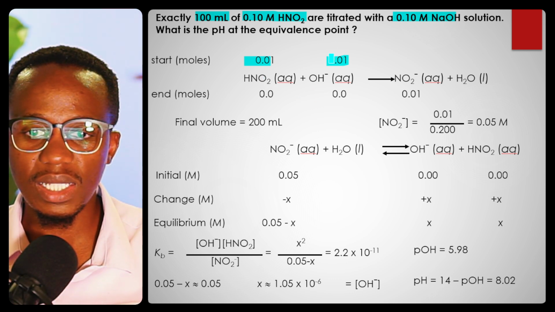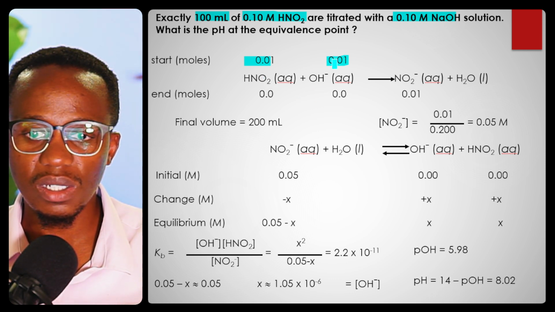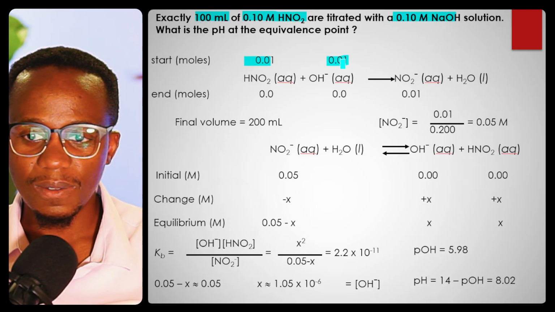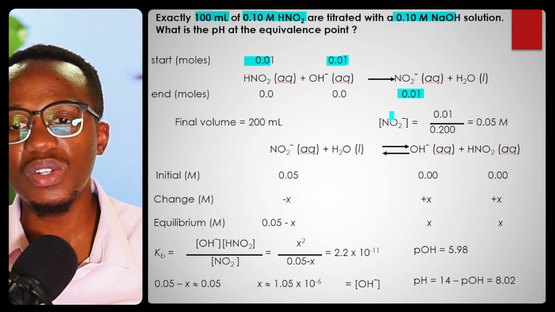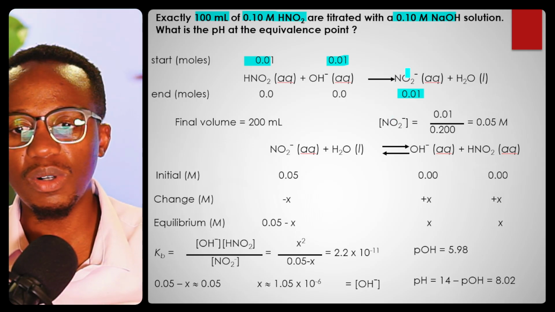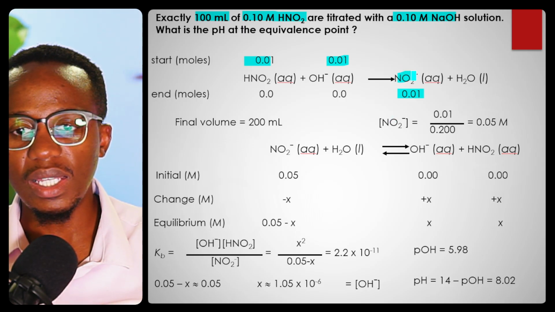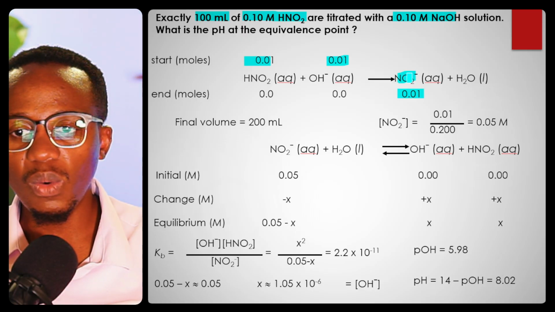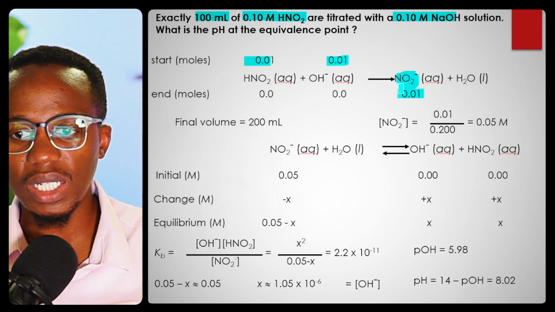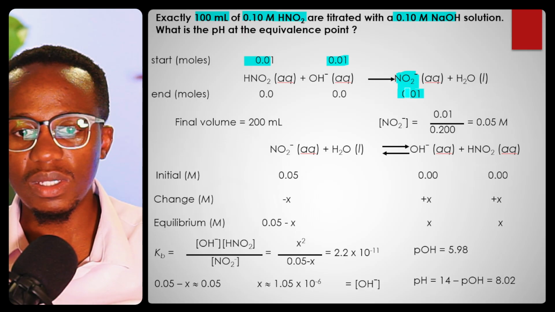And then you're adding these many moles of NaOH, right? And then at the end, after titration, you're going to end up with this many moles of NO2-, right? This is what will be our conjugate base, right?